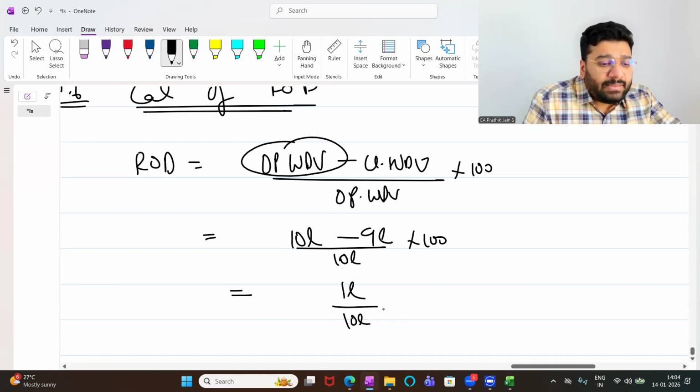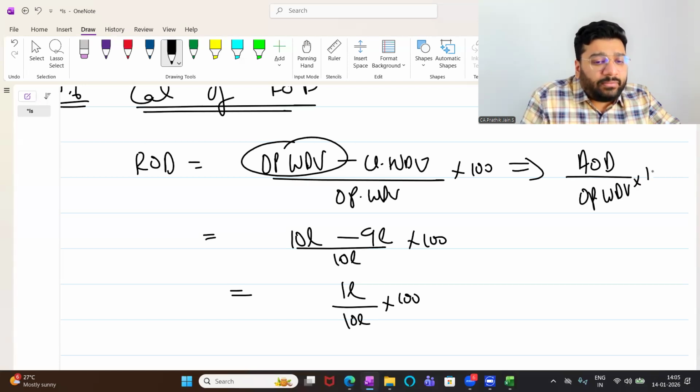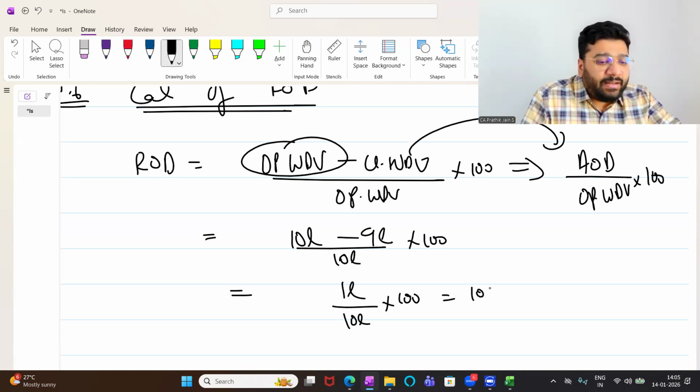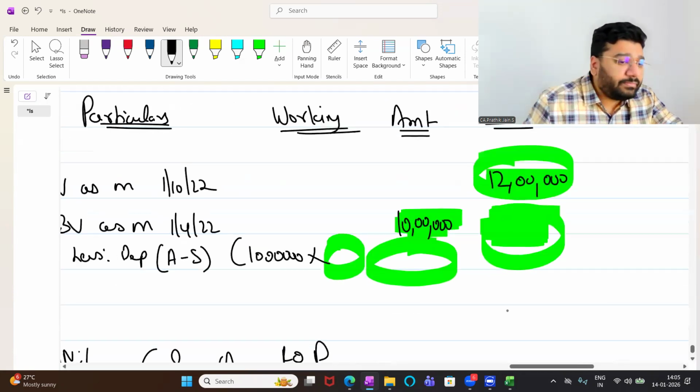Divide by opening balance into 100. If you want to revise this formula, this is the amount of depreciation in the current year divided by the opening WDV into 100. This is another formula. If you want, you can make a note of it. It is 10 percentage. Come back and substitute here.